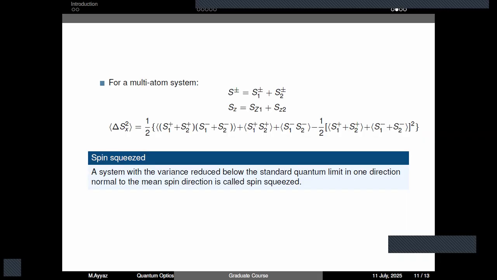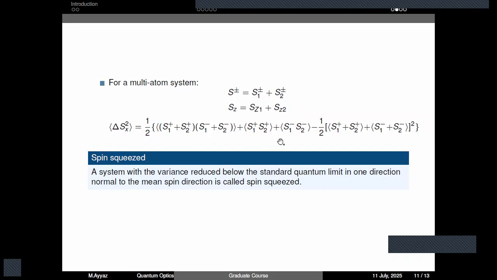So let's move on to this multi-atom system. Consider we have a multi-atom system, and it could be n atoms, and we can have spin up and spin down operator as the summation of the individual spin up and spin down operators, and the inversion operator can be written similarly. And then we have variance of spin x component written as this.